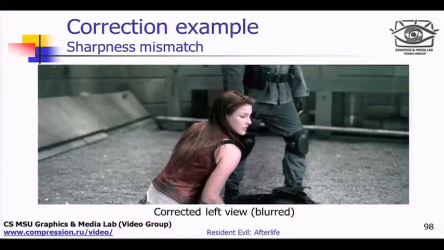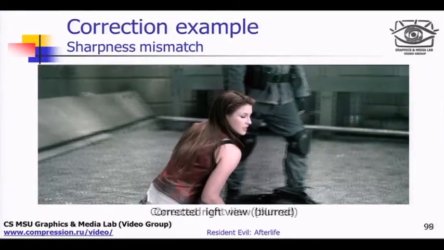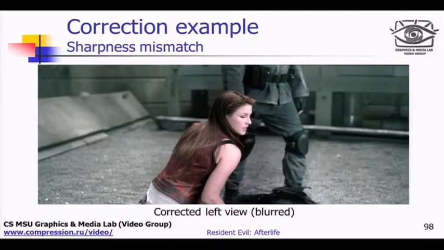And the left view also can be corrected to blur the area. And here is a sample where both views become blurred. And again, it's fully automatic correction. And such things are really possible. So it's pretty reasonable to fix all such things in real movies.